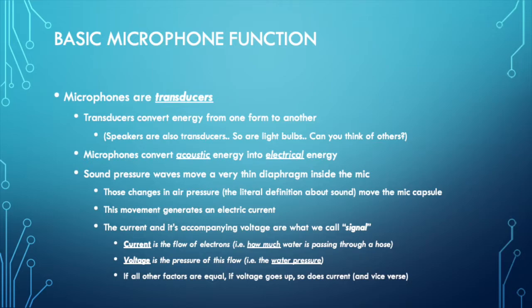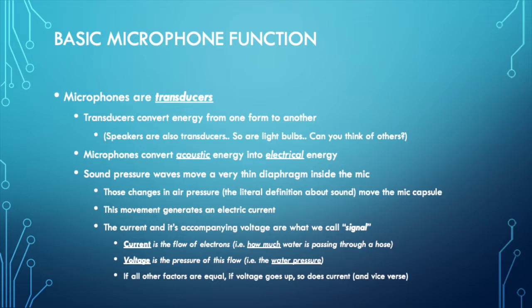And so basically the way a microphone works is those sound pressure waves that move through the air hit the diaphragm inside the microphone, which is a really thin membrane in the capsule of a microphone. And those changes in air pressure, which sound is literally defined as, just fluctuations in air pressure.